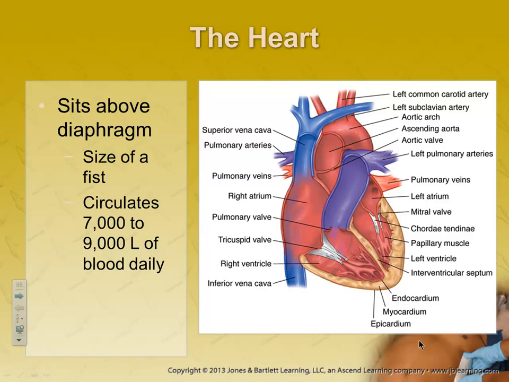From the right atria, it goes through what valve? Tricuspid. Try to do right. It goes through the tricuspid valve into the right ventricle. From the right ventricle, it goes through what valve? Through the pulmonic valve, because it's going into the pulmonic system, or the pulmonary system, right?